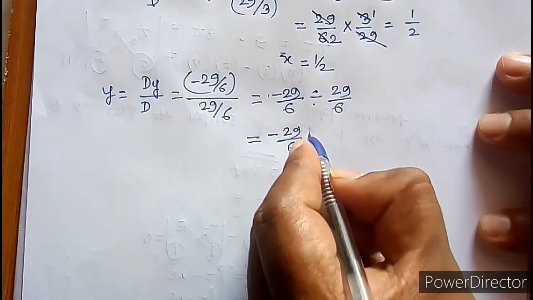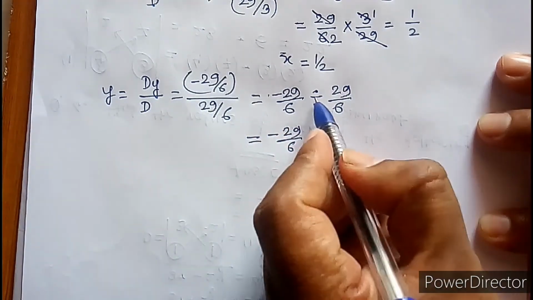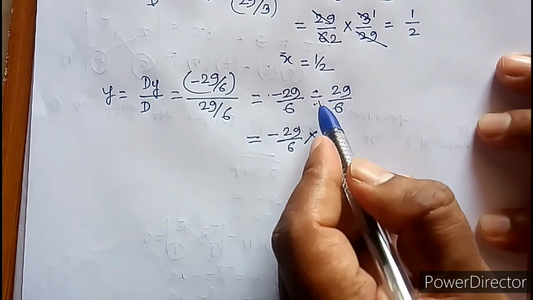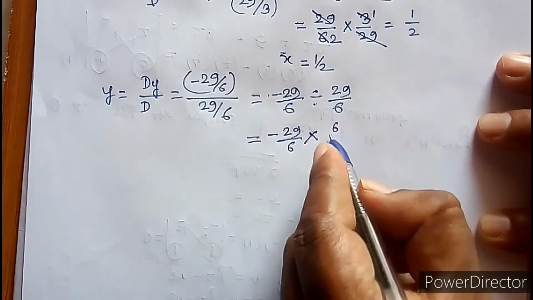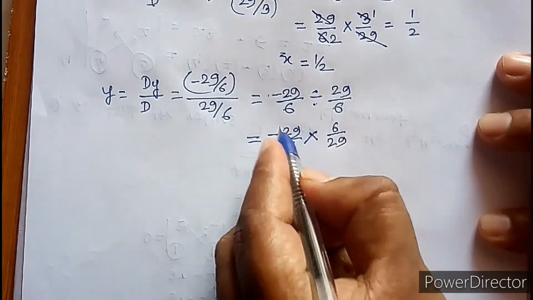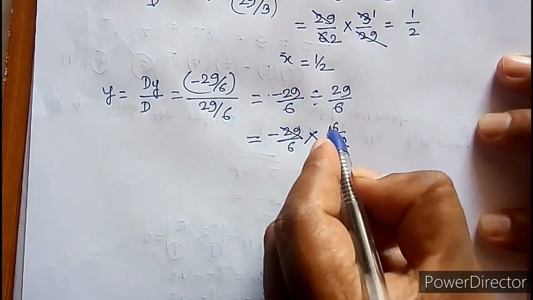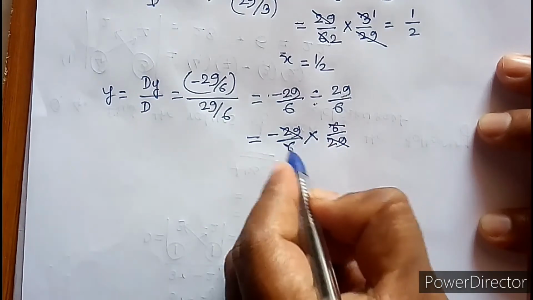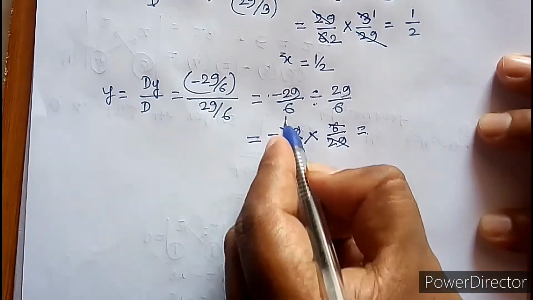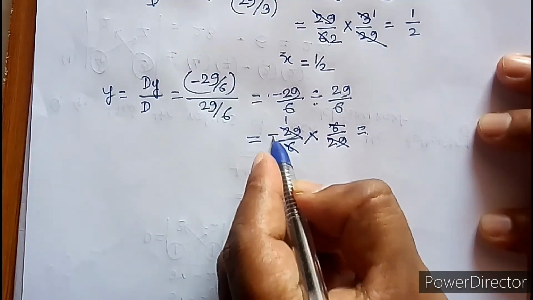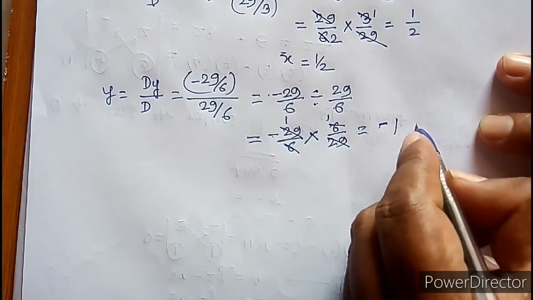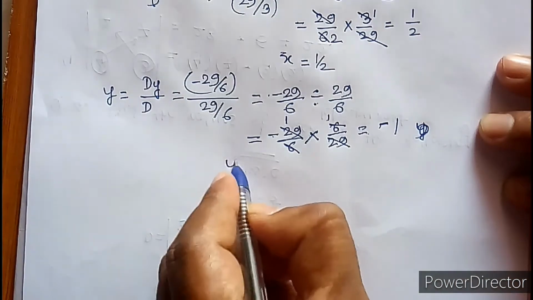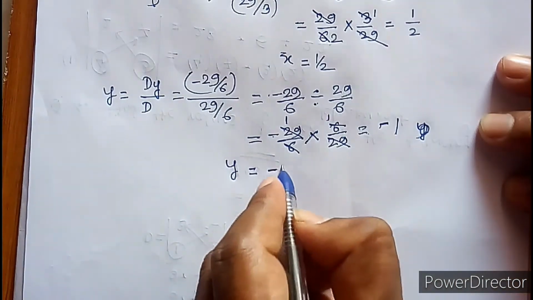Now we change this sign into multiplication. Multiplication is inverse of division. Therefore this number will be inverse, that is 6 divided by 29. Now this 29 cancelled with 29 and this 6 cancelled with 6. We get minus 1 into 1 that is minus of 1. We get the value of y equals to minus of 1.